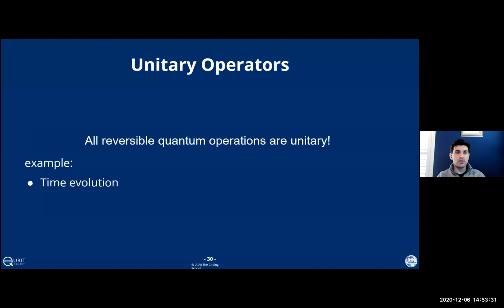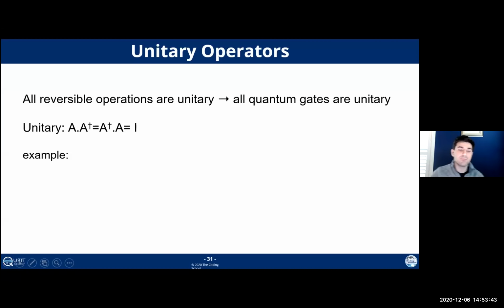And that is a picture that I want you guys to have in mind for unitary operators. It's something that you can either go forward in time, and then you can move back in time and get to the initial state. So with that, all reversible operations are unitary. So all quantum gates have to be unitary. And again, this is something that I want to emphasize.